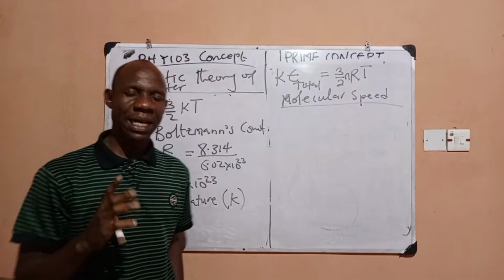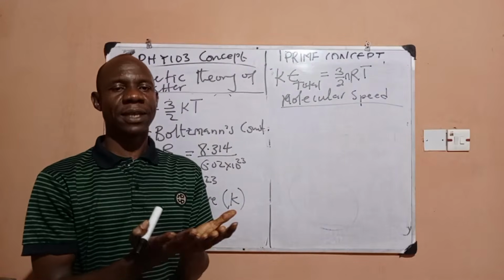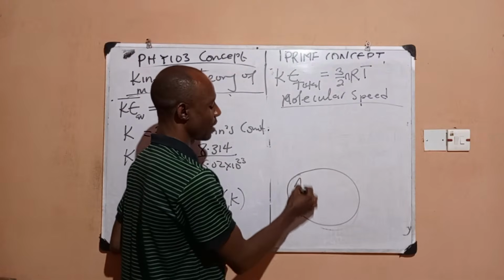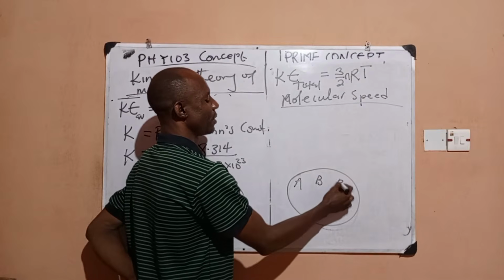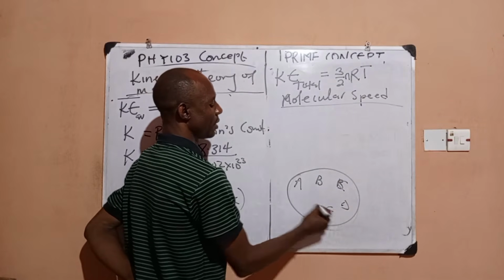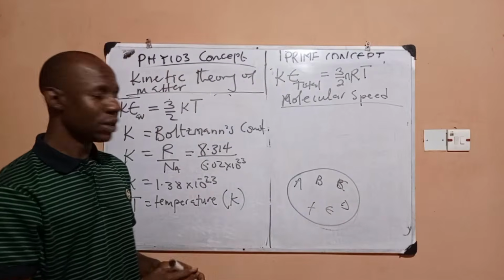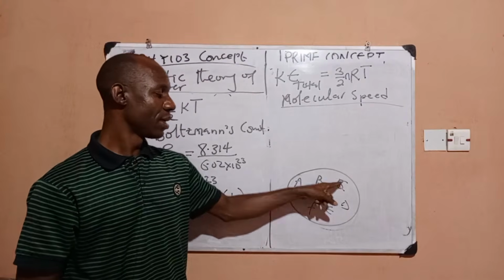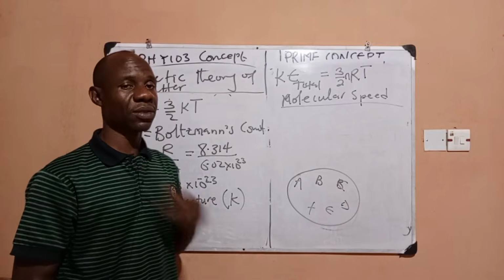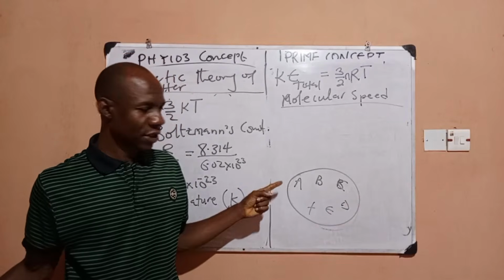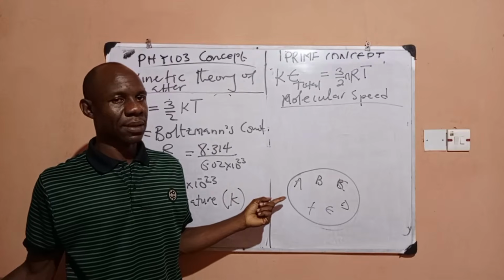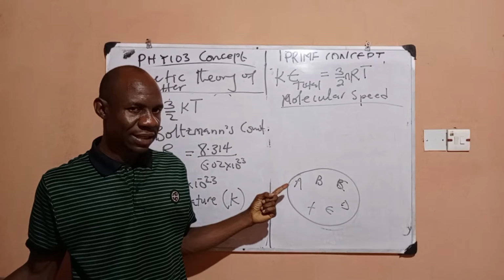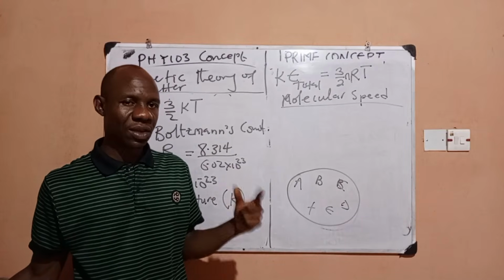Now remember that in a container of a gas, you have different molecules. Say you have a container of hydrogen gas, with molecules A, B, C, D, E, F, and so on. In every gas there are so many gas molecules present, and the molecules are always in constant motion.